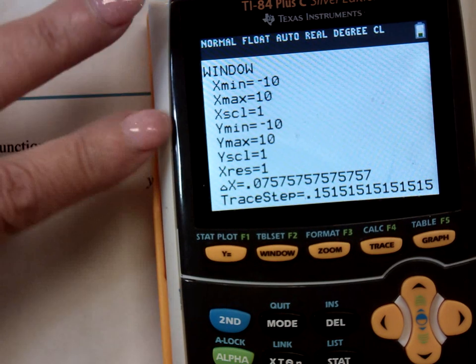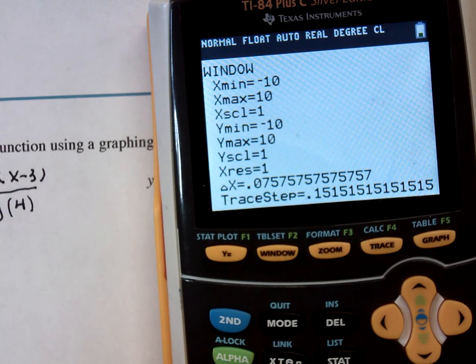X scale means that each tick mark on that graph paper is 1 unit. I could change that if I needed to. If I was going between 0 and 1,000, I might want to make it in hundreds instead, each tick mark being 100. So I could actually do it that way as well.